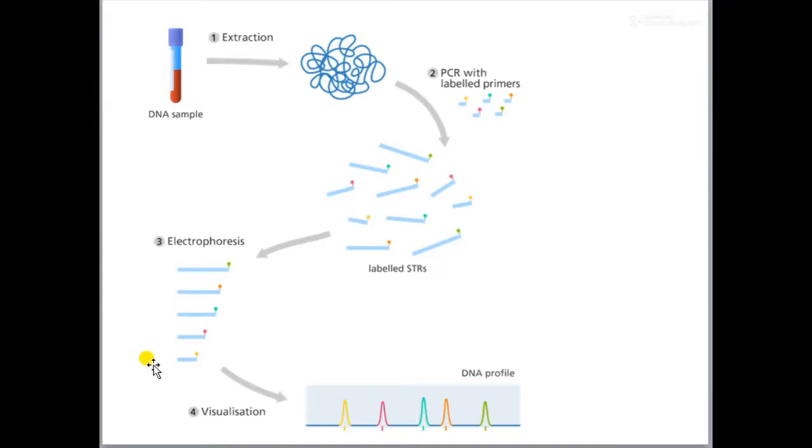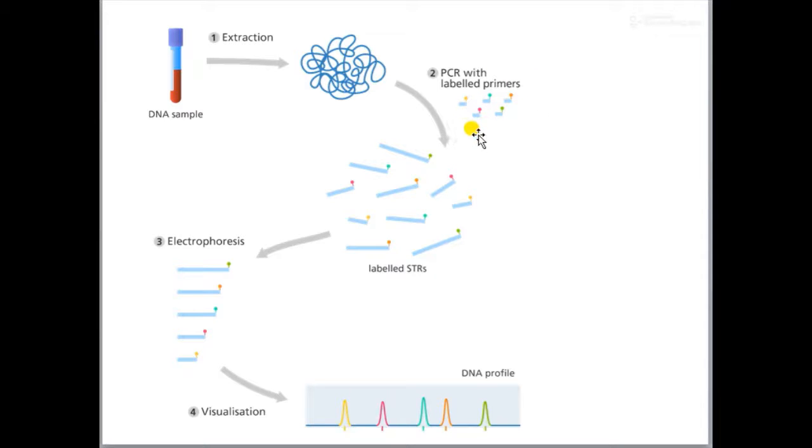If you look at the steps needed for DNA profiling, you extract DNA from whatever sample you have, whether blood, hair, nails, or any forensic sample. The DNA is then used as a template for PCR-based amplification.